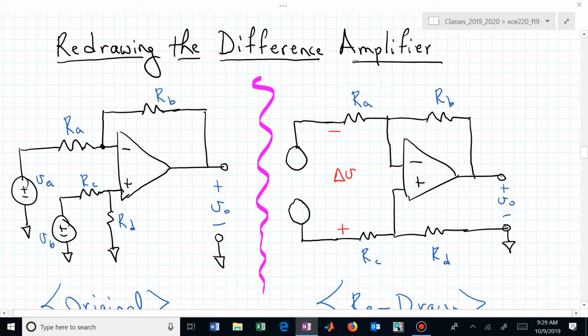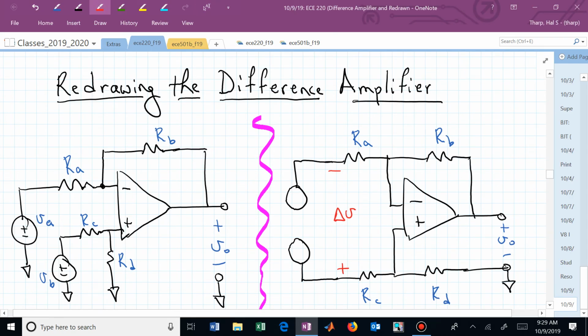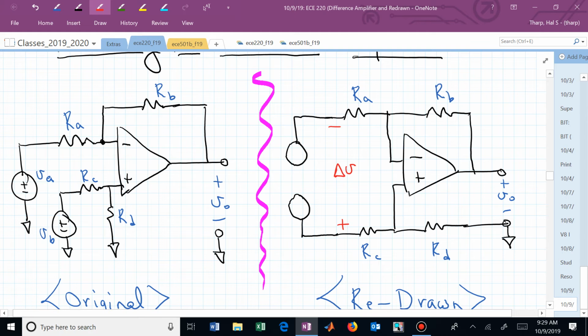Now what we want to do is try to connect both of these sources to our common node, and still have the same behavior on the left as we have on the right. How would we now do that?